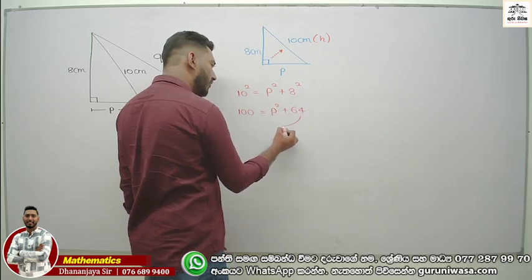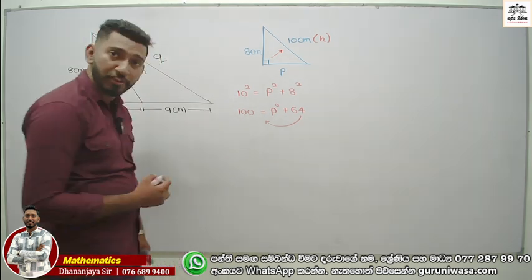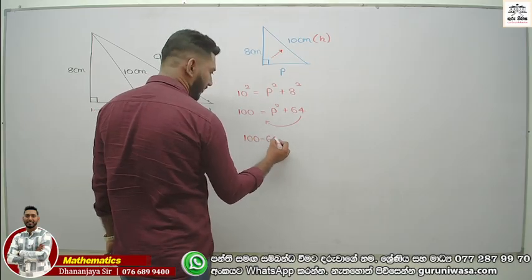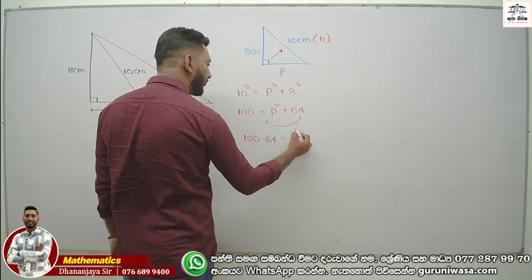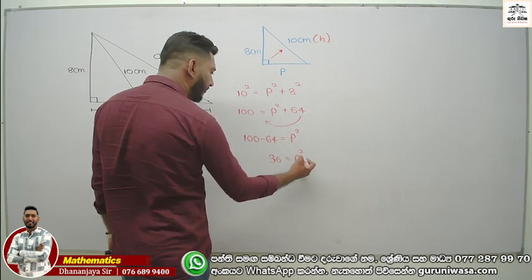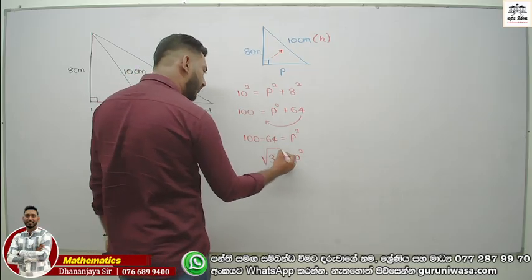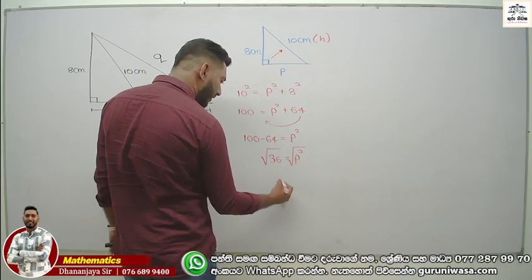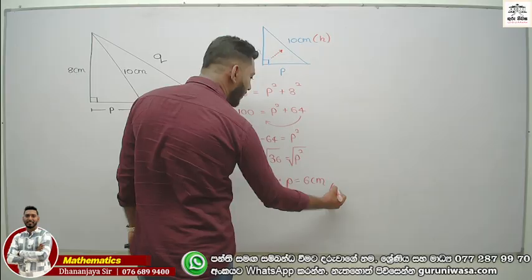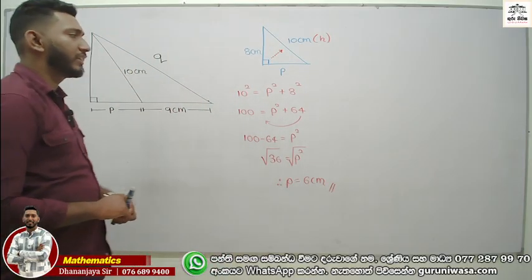Now 64 goes to the other side and its sign changes to minus. Now 100 minus 64 is 36. And now you know how to find the answer for 36. Apply the square root. Therefore, p is equal to, how much, son? 6. Right, 6.